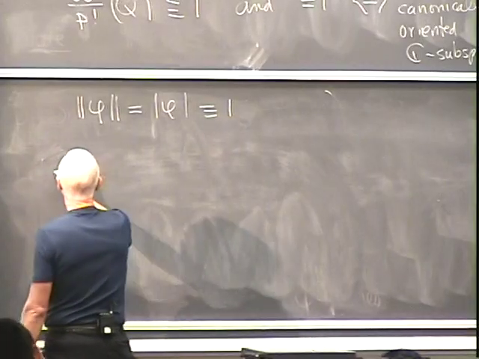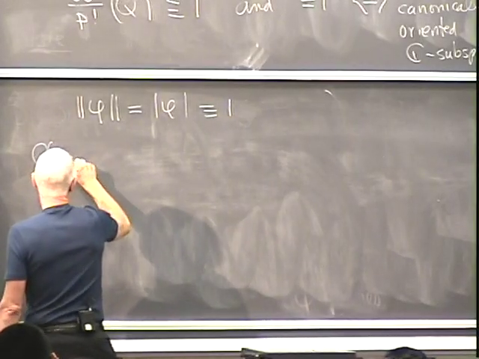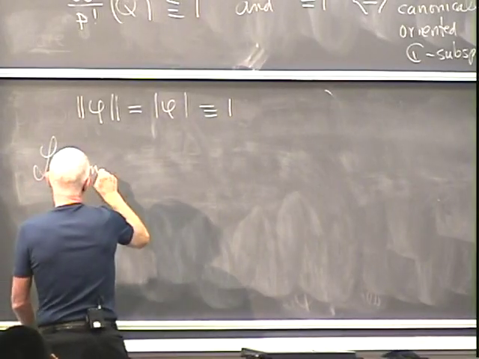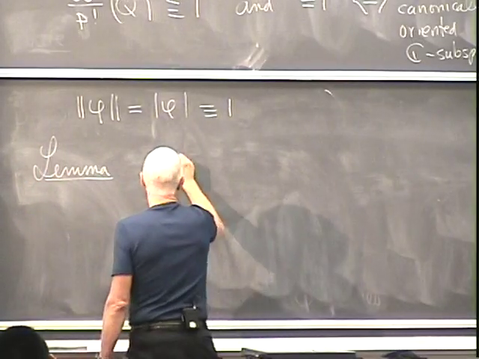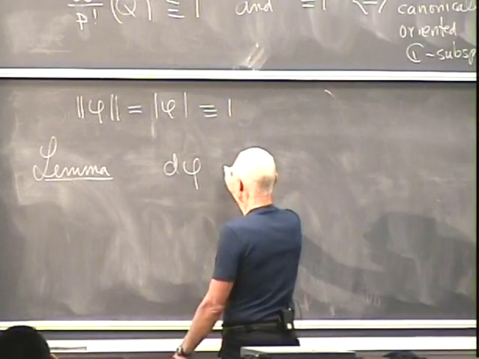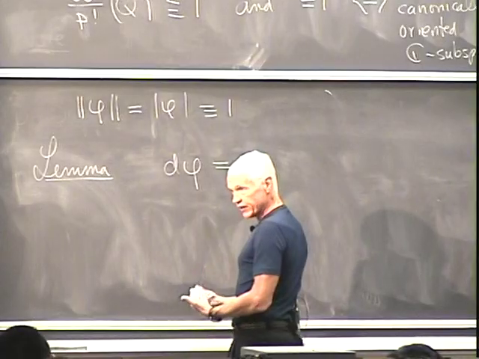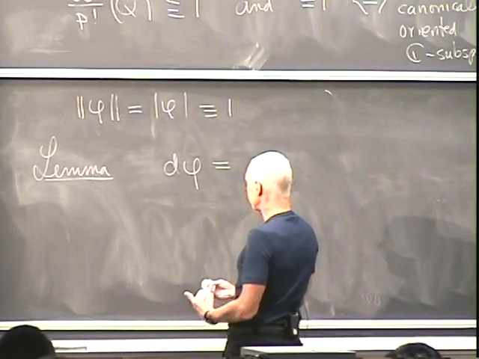On the other hand, I claim, well, maybe I'll make this a lemma. If you take the exterior derivative of this form, you're going to get a form of degree n plus 1, a top dimensional form.